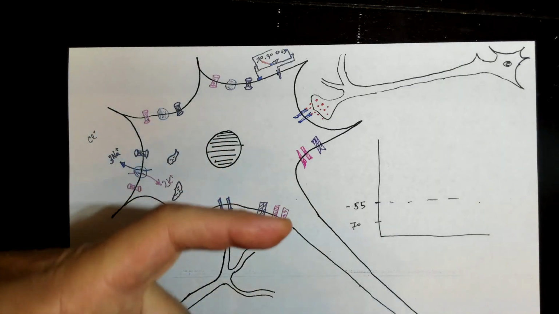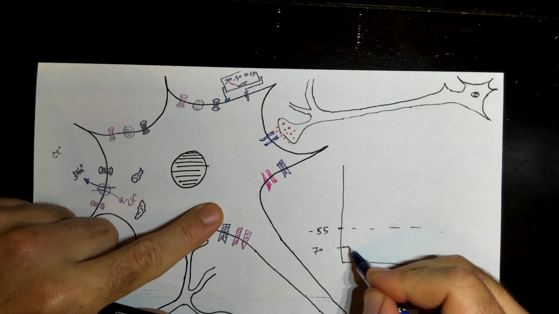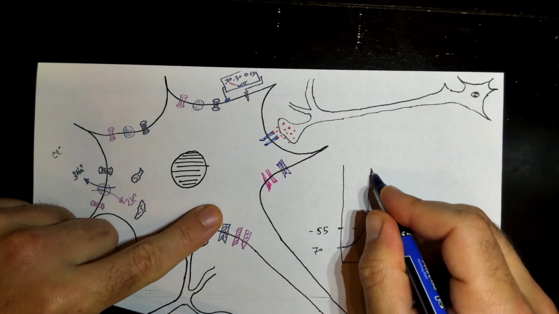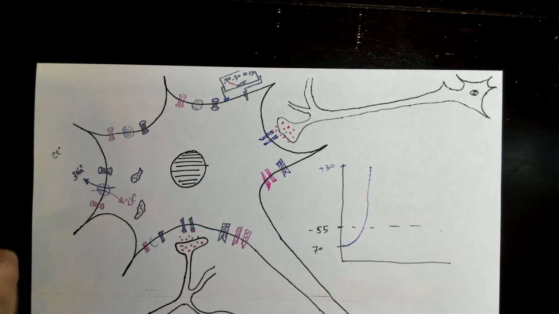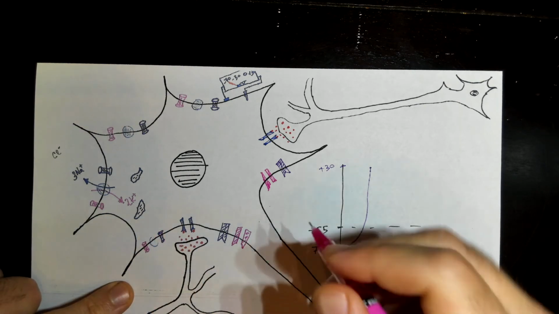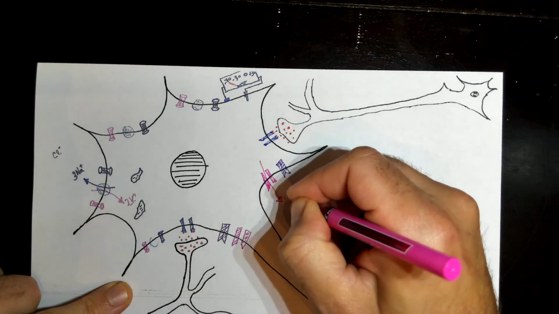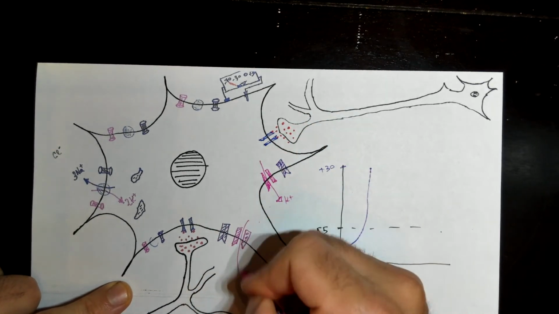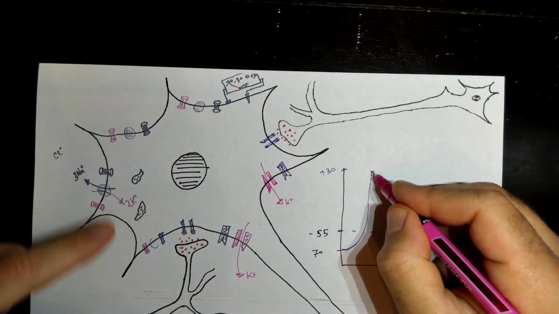And then what's going to happen is we depolarize first, all the way to plus 30, and that's from that sodium, but then potassium is next. So potassium starts to come out.